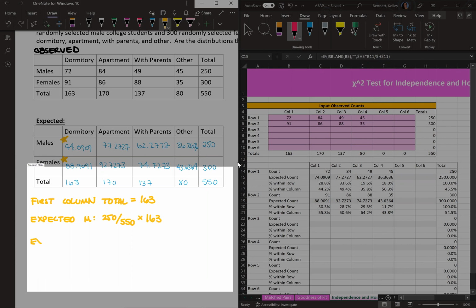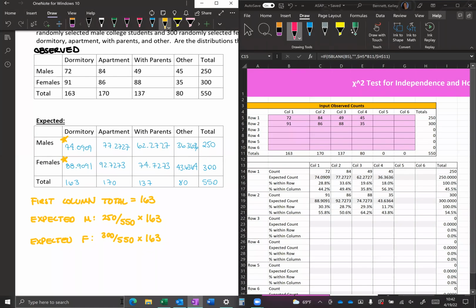And what's going to be expected from the females is going to be 300 out of 550 times that 163. If you were to actually crunch that out on your calculator, you would get the same answer that Excel produces, which is exactly what Excel is doing in order to get your expected values.